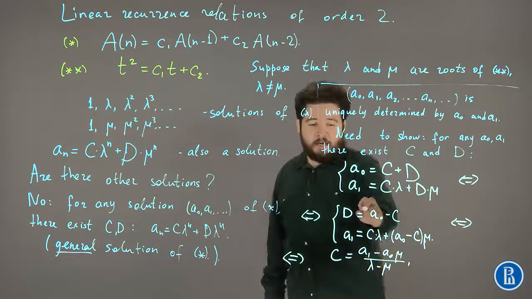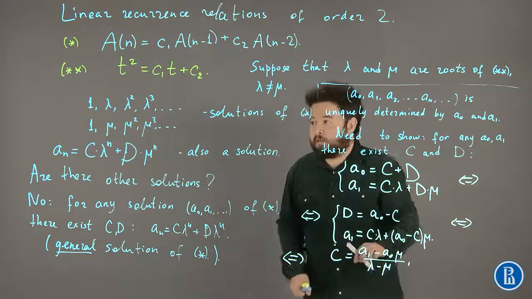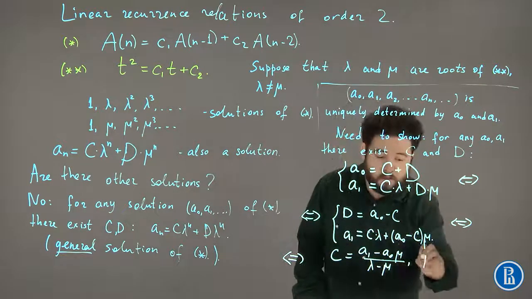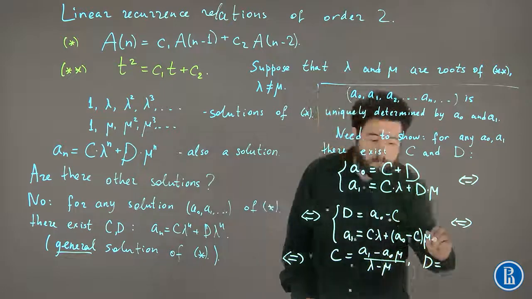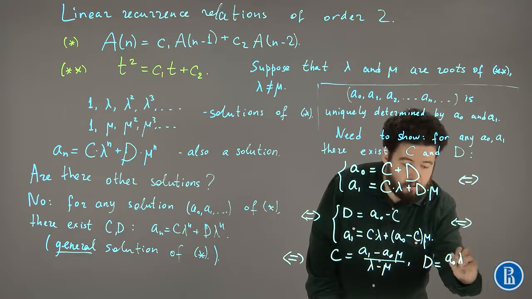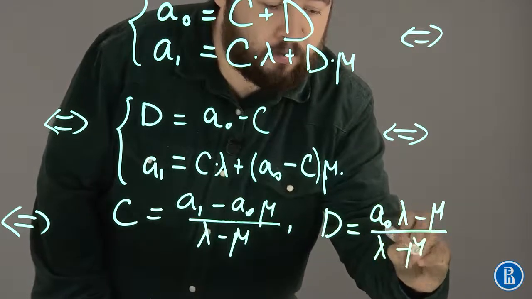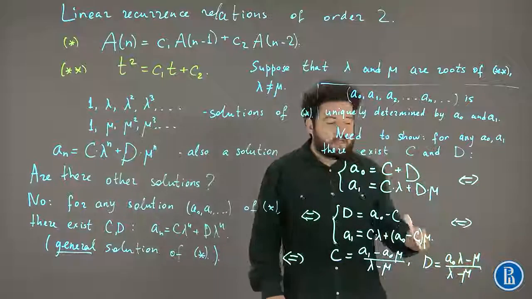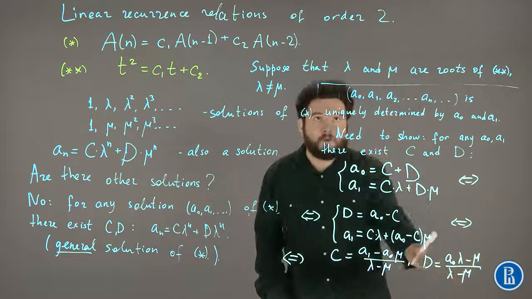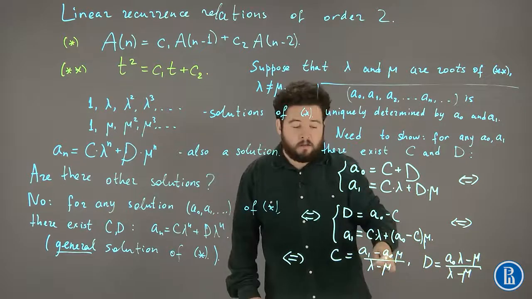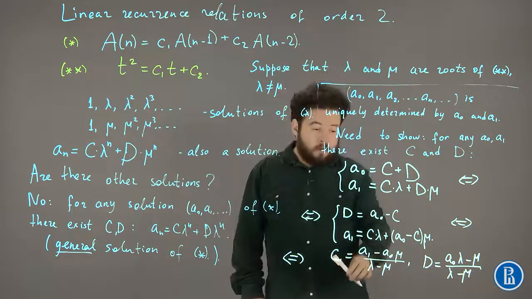And D is just a0 minus this value, and we can rewrite it in such a way that D is a0 lambda minus a1, divided by lambda minus mu. Note that the denominator here is not equal to 0 because lambda and mu are distinct. This is where we use this assumption.